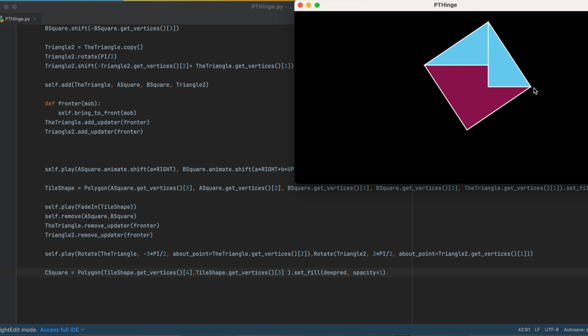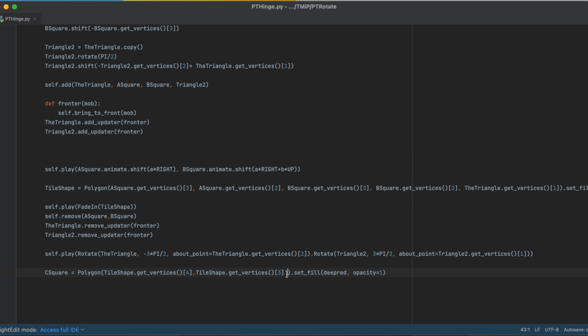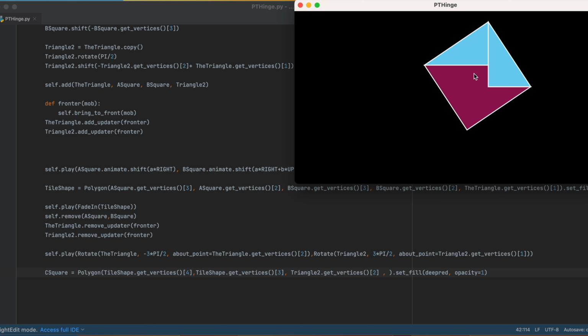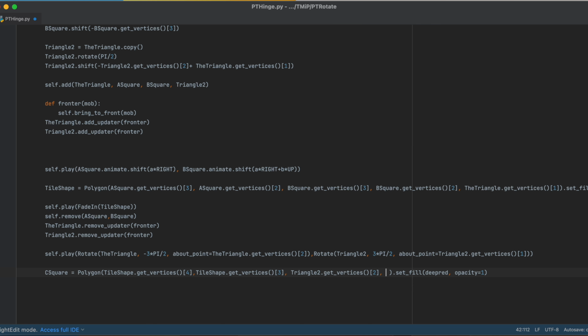Then we need to go to this up here, which I believe is the second triangle. So triangle 2, get vertices, I believe it's 2. And then we need to get all the way over to here, which was where I started my tile shape. So tile shape, get vertices, and should be 0. I've set that fill, and then again, like I did before, I am going to fade in the C square.